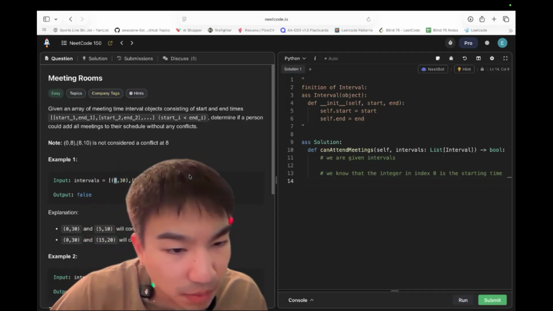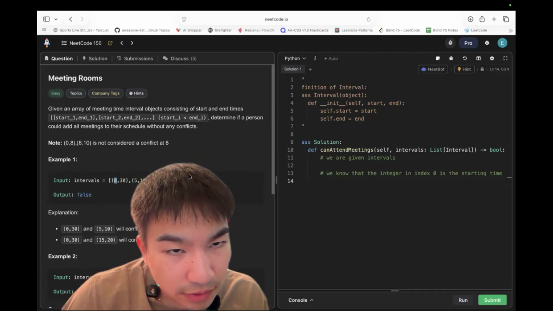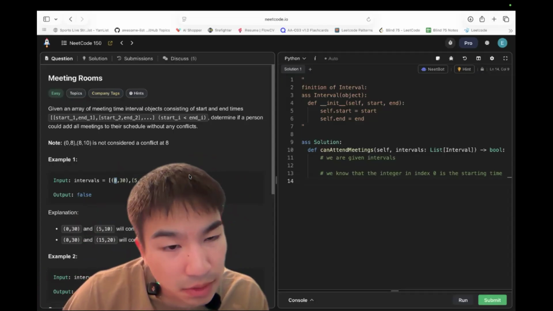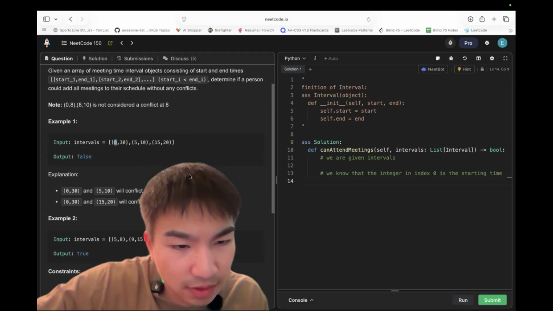That would work, then compare the last to its first. But it's not necessarily guaranteed to be in order. So I want to say that we could see the ending times. So 5 goes to 8.